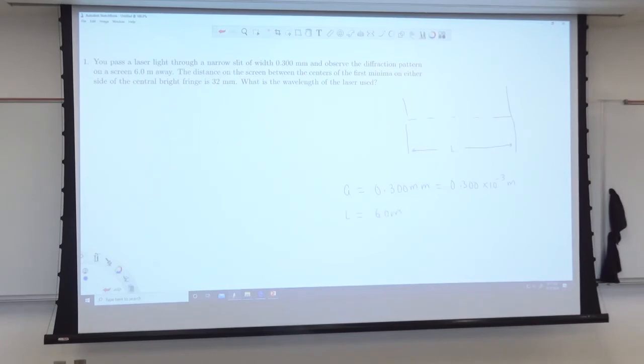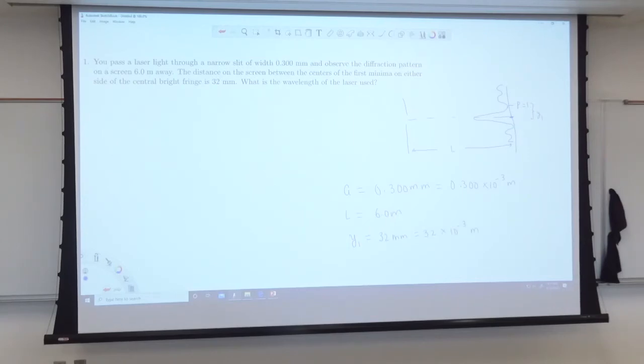The distance on the screen between the center of the first maxima on either side of the central bright fringe is 32 millimeters. So we have this central bright fringe, and then dark, bright, dark. That's the first dark one. And it says the distance between the center and the first dark one, Y1, is 32 millimeters, which is 32 times 10 to minus 3 meter.